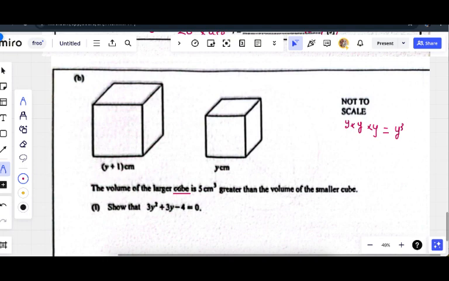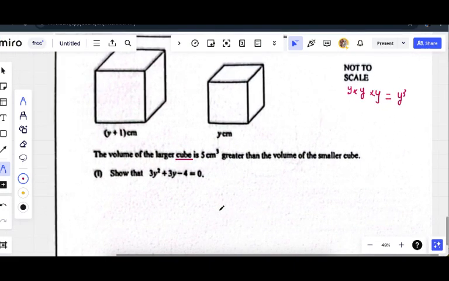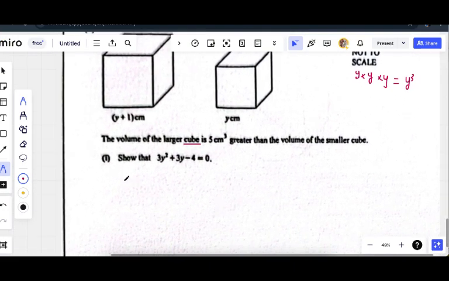Now, it said the volume of the larger cube, this is a similarity. The volume of the larger cube is 5 centimeters cubed greater than the volume of the smaller cube. Show that this is this. Now, what it means is that the side of the large one is y plus 1.